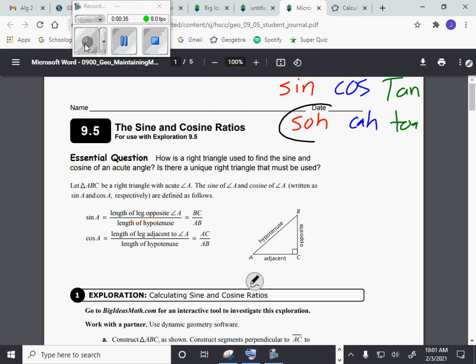Today we're going to be working with sine and cosine, where we have O and H, so opposite over hypotenuse. That's the SOH: opposite over hypotenuse. The cosine is CAH, so A over H, adjacent over hypotenuse. And that's what we're going to be working with today.